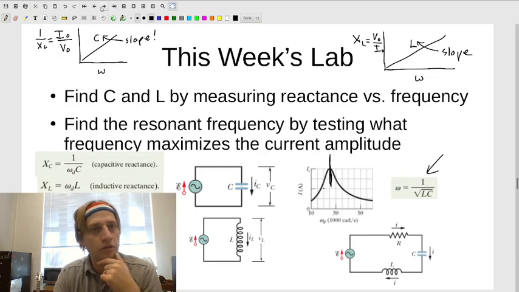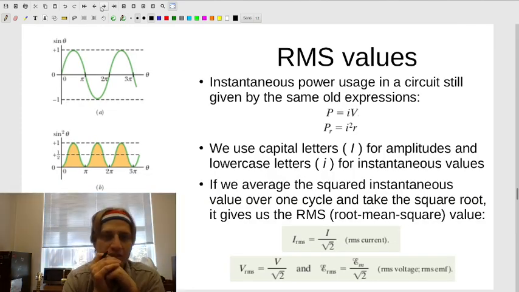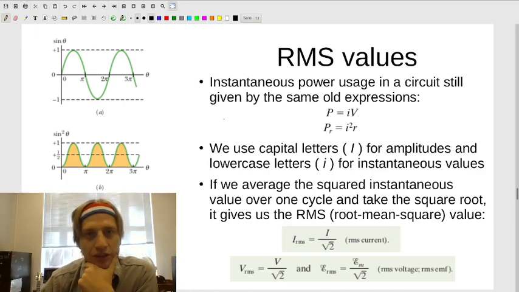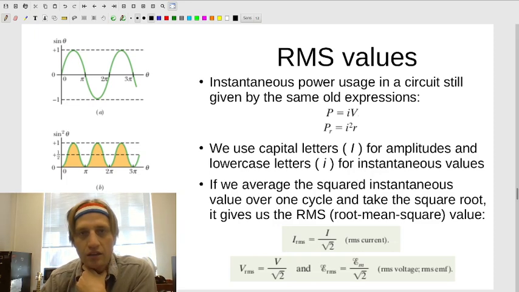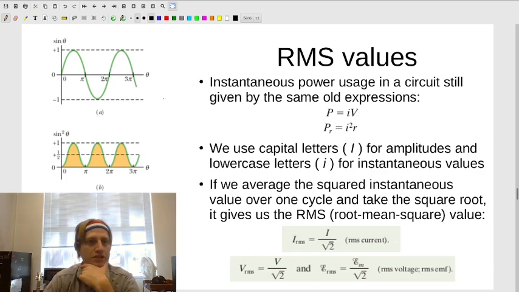Now, when we're doing this lab, there is one thing that is worth mentioning that's a little bit confusing. Often when we measure things involving alternating currents or alternating voltages, the average of any of these values, because they're going back and forth between positive and negative, would be 0.